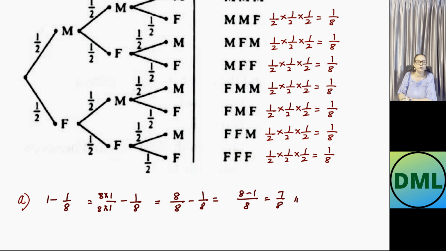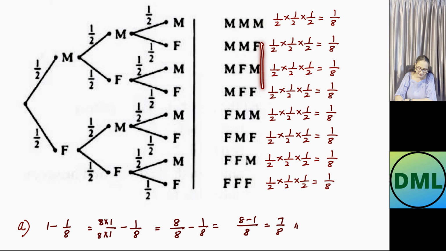If you want to do it without this method, then you need to add 1 female, 2 females and 3 females. That means I am adding all of them, each 1/8. How many times? 1, 2, 3, 4, 5, 6, 7 times. So my answer is 7/8.